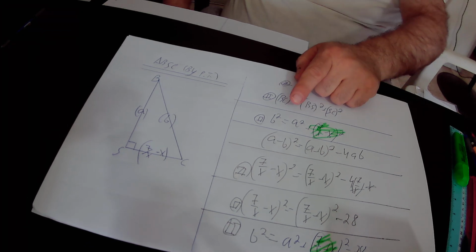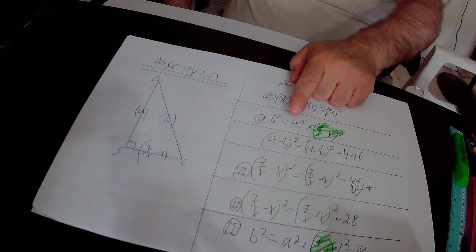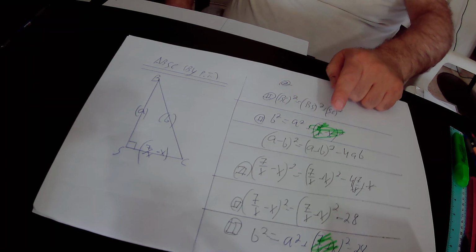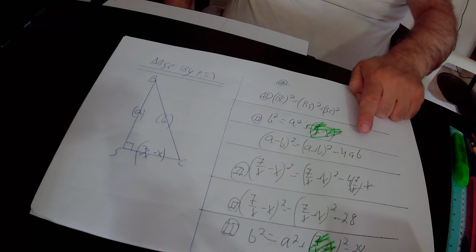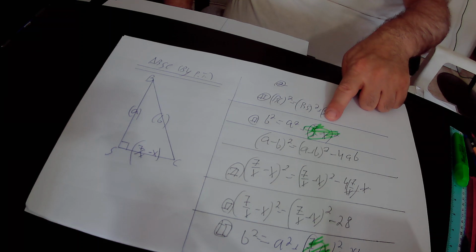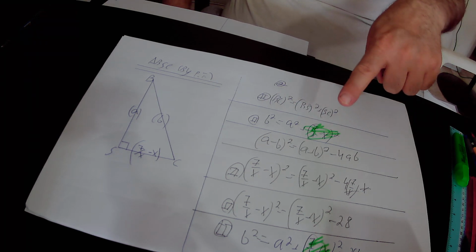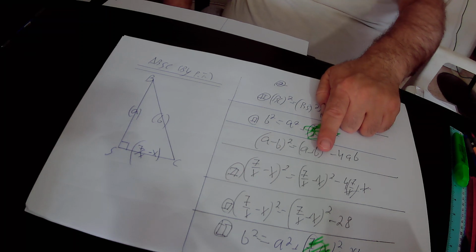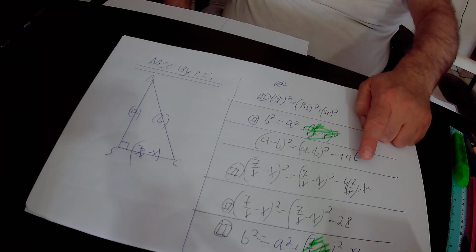Here we use the algebraic identity that (A minus B) squared equals (A plus B) squared minus 4 times AB. According to this identity, if we focus on the expression (7 over x minus x) squared, and substitute 7 over x for A and x for B, we get that (7 over x minus x) squared equals (7 over x plus x) squared minus 4 times 7 over x times x.